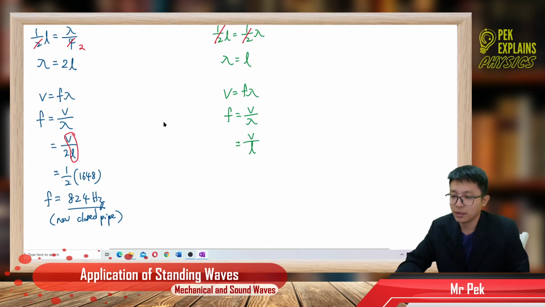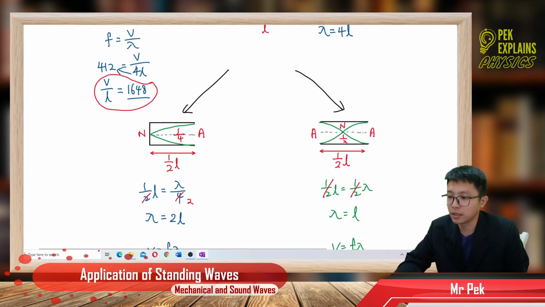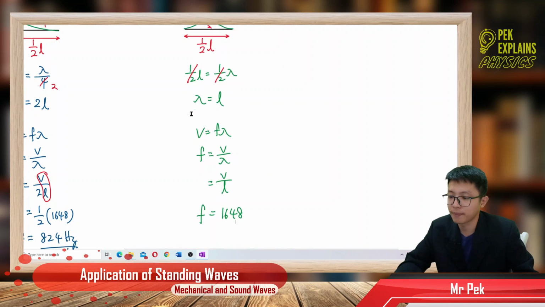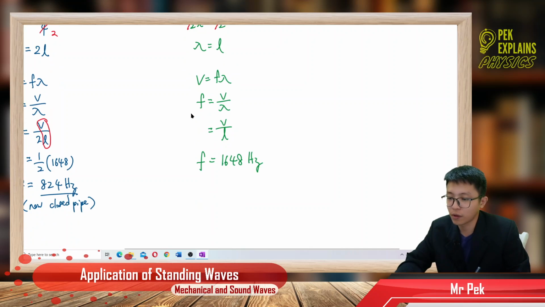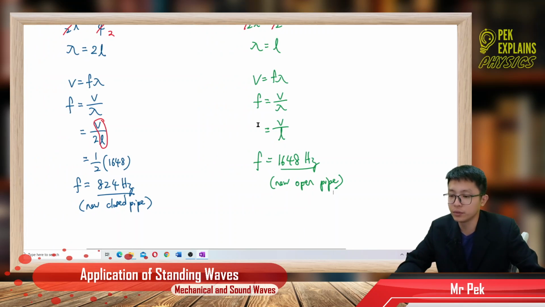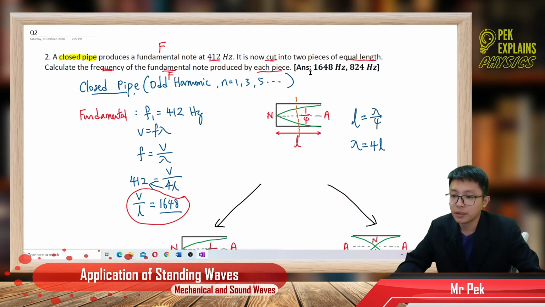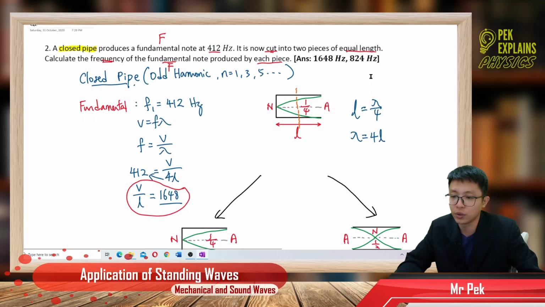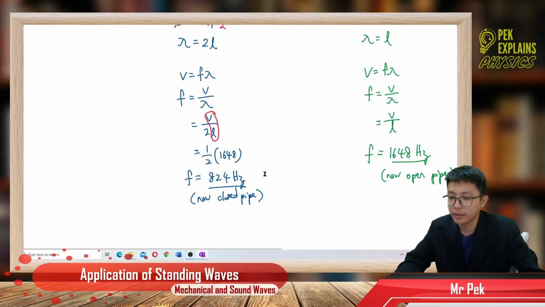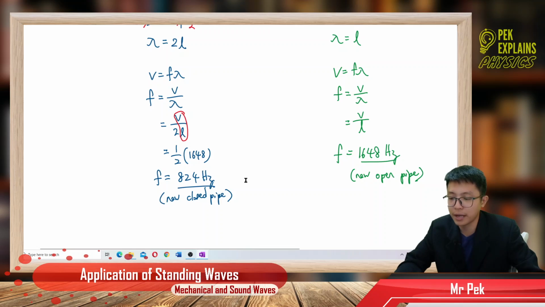So the frequency for the new open pipe is 1648 Hz. The fundamental frequencies for the two pieces are 1648 Hz for the open pipe and 824 Hz for the closed pipe.